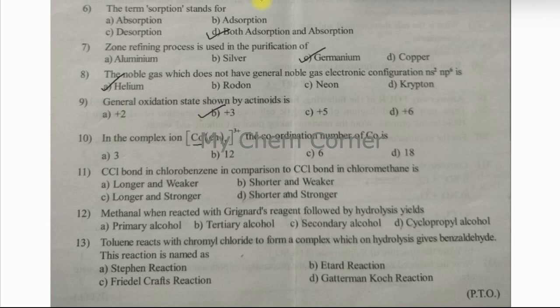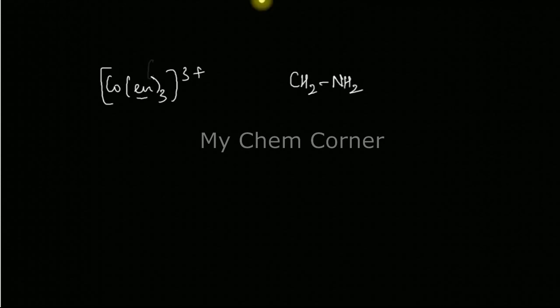I'll move to the next page and write [Co(en)3]3+ over here. Now, if I expand what en is, it is nothing but ethane-1,2-diamine. If I show the bonding to the cobalt atom, I'll draw a very rough figure here.